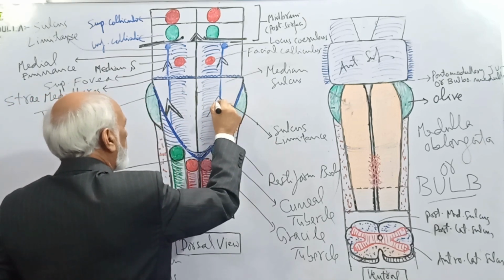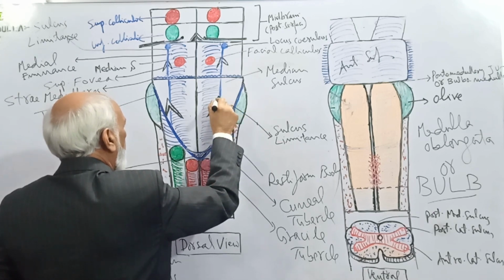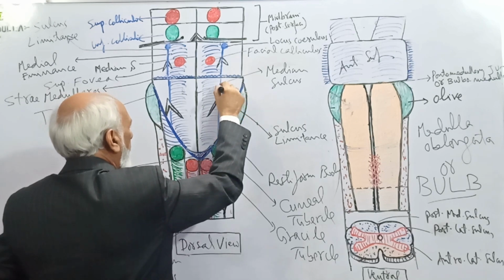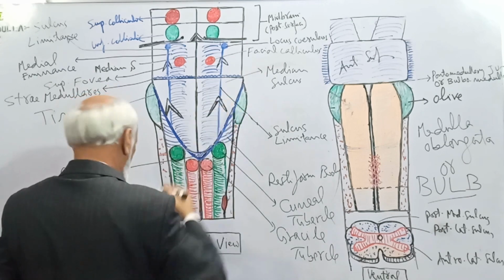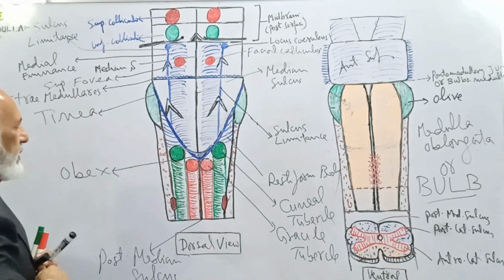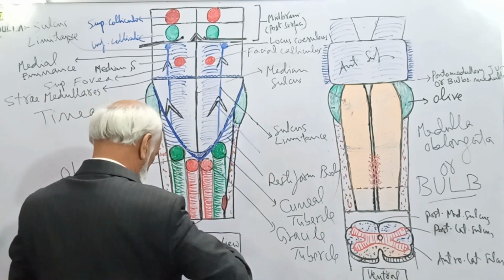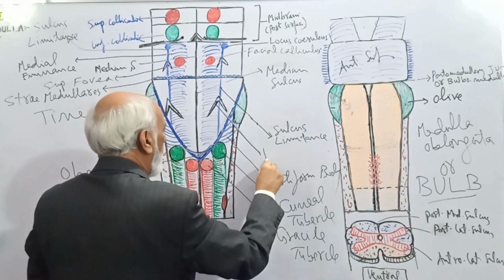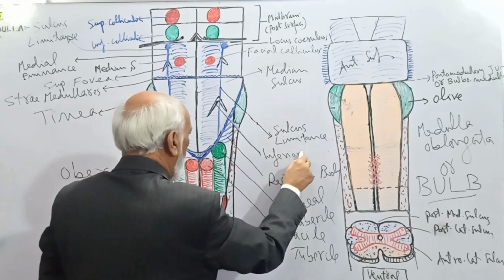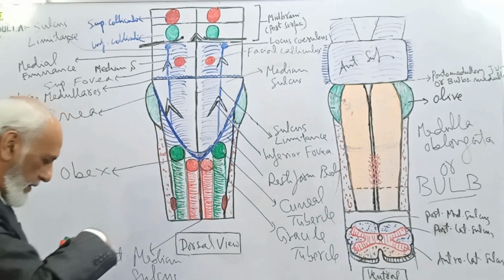At the level of the sulcus limitans, inverted V-shaped depression. This is known as the inferior fovea.